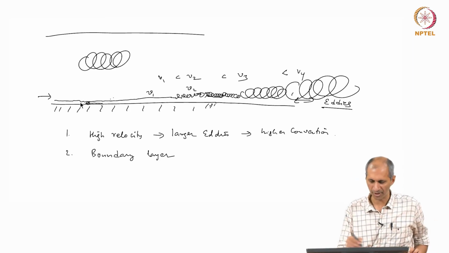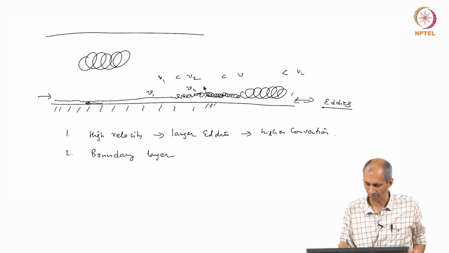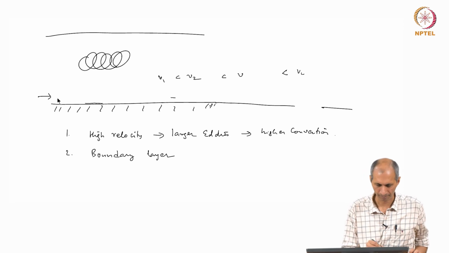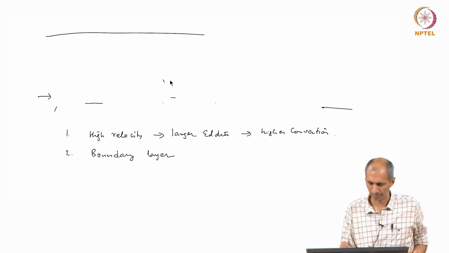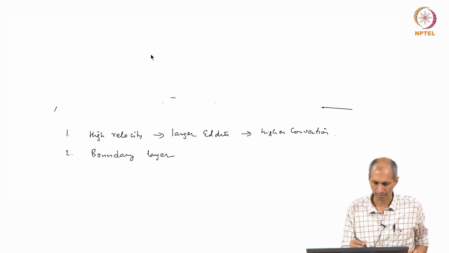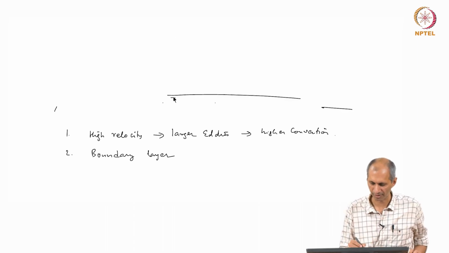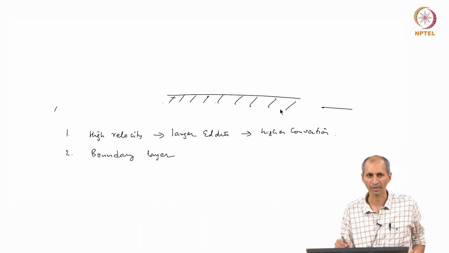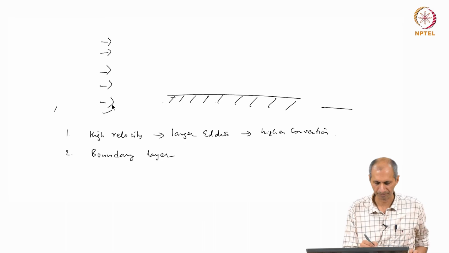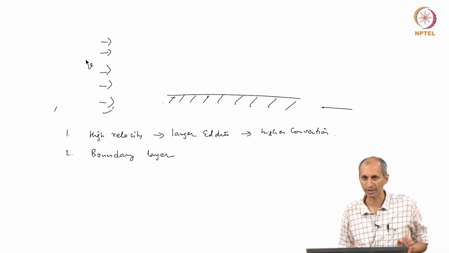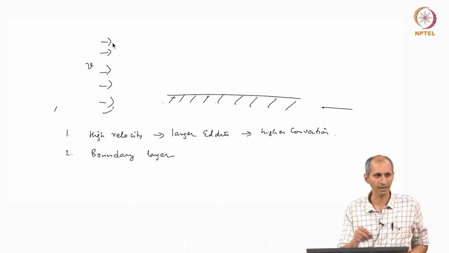What we are talking about in this picture is, if I draw a velocity profile, let us say there is just a surface and there is fluid coming in here at some average velocity. Let us assume it is uniform, so it has large eddies coming in here.